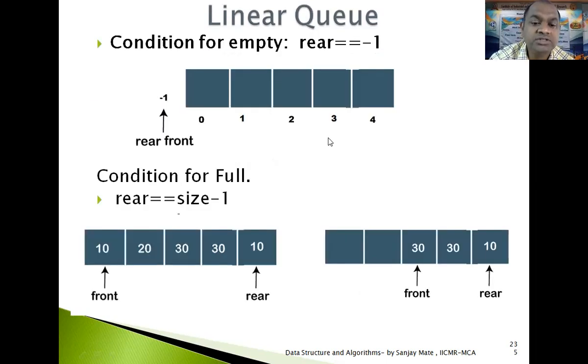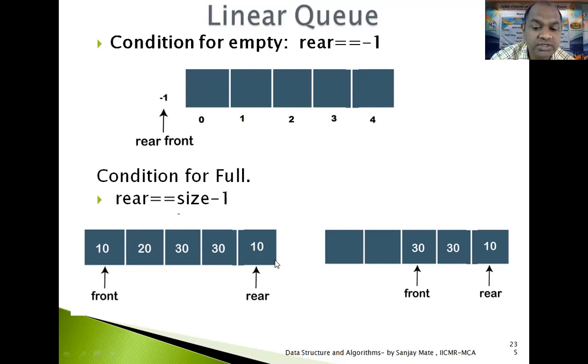Now in a linear queue, what is the condition to check whether the queue is full or empty? If front and rear are pointing to -1, your queue is totally empty. So the condition for empty is: if rear is double equal to -1, your queue is empty. For full, if your rear has reached the last index, that is the 4th index, your queue is full.